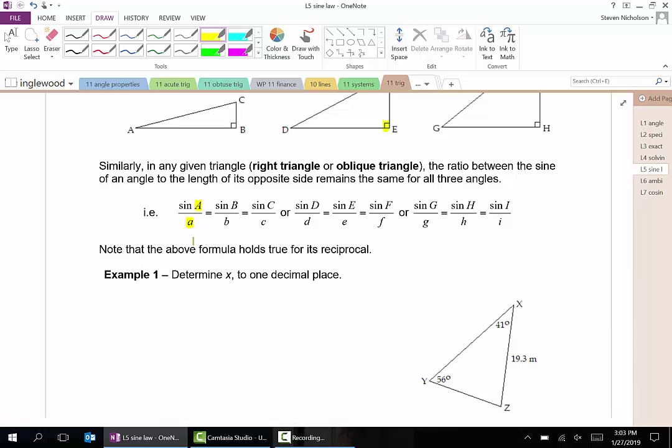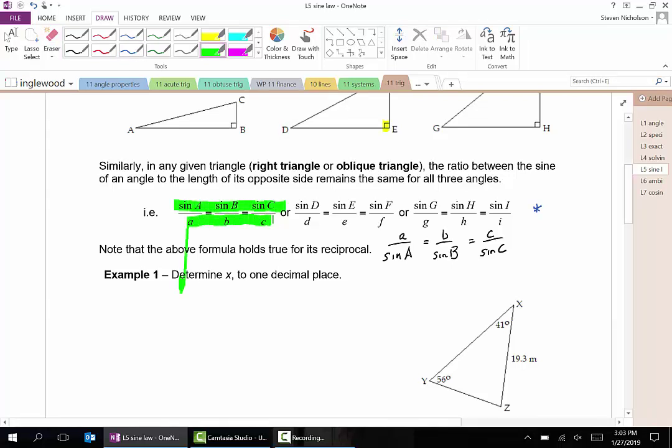And as it says, note that the formula holds for the reciprocals as well. What that means is the reciprocal is the flip, right? So instead of writing sine A on top and little a on the bottom, we can flip it. And this is a valuable relationship to know, because these formulas appear, and this is the one we're going to focus on, because the letters don't matter.